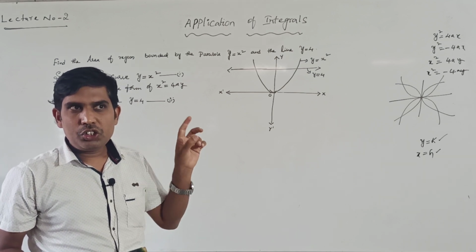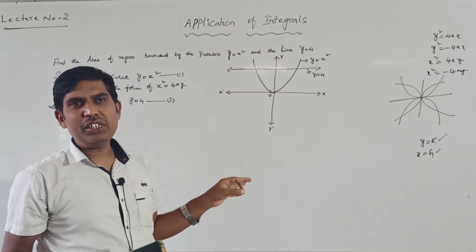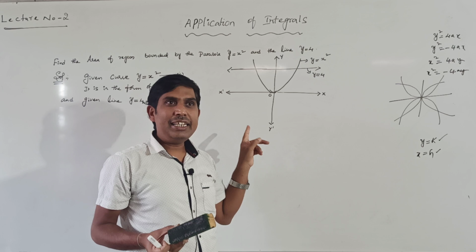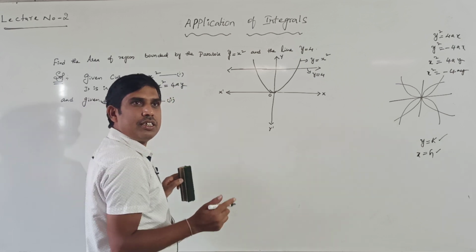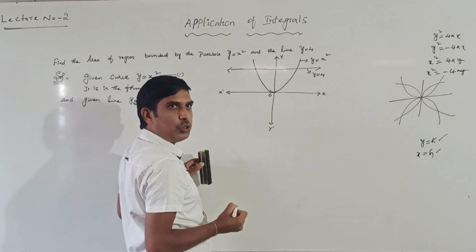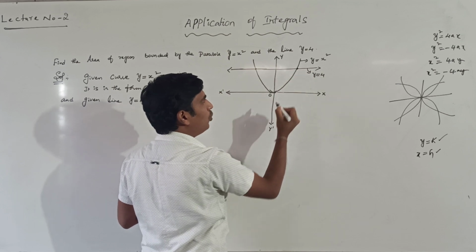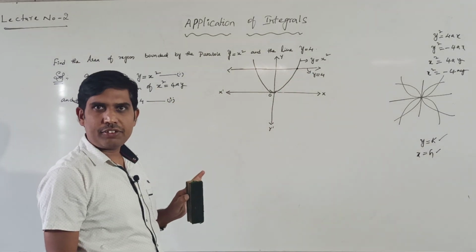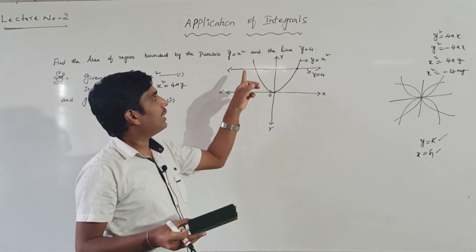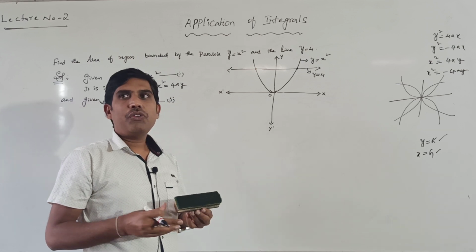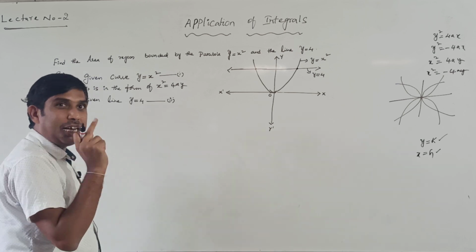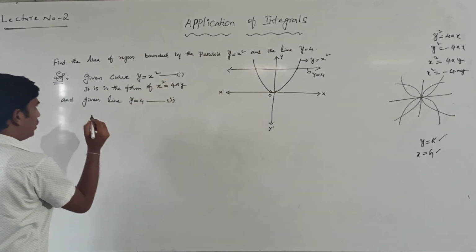By looking at the figure, the line and curve intersect at these two points. So where the two intersect, that we have to find out. First of all, how to get it? Nothing but solve these two equations.